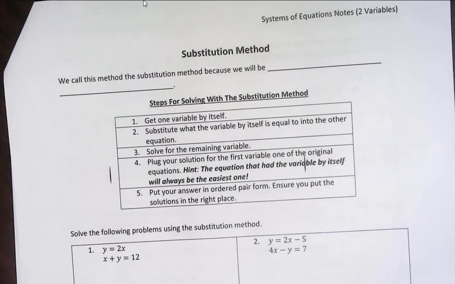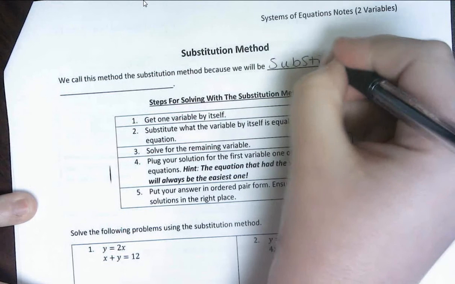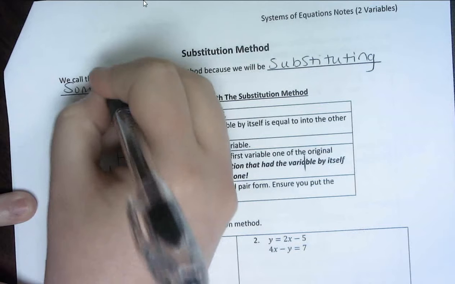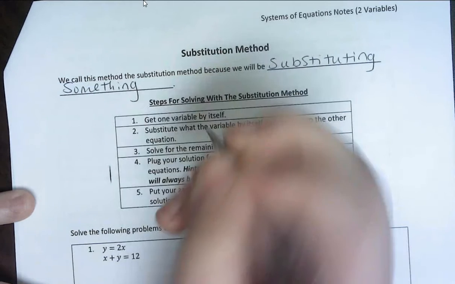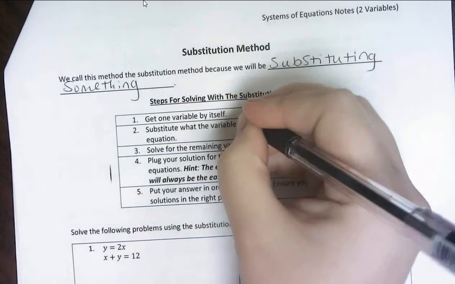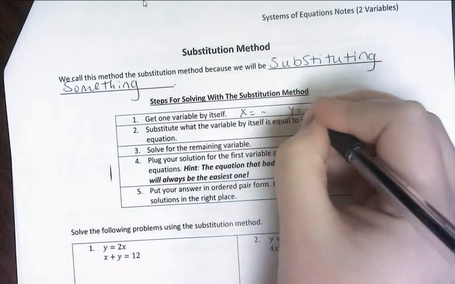So now we need to solve using the substitution method. Well, y'all, we call this method the substitution method because we're going to be substituting something. All right, so steps for solving with a substitution method. The very first step is you need to make sure you have one variable by itself. So you either need to have x equals something or y equals something, okay?